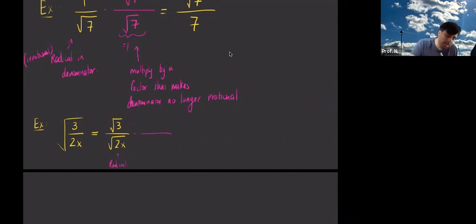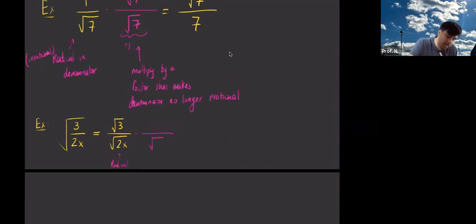So what's the idea here? Multiply by exactly what the denominator is, which is rad 2x. And when I do that, what happens? Rad 2x times rad 2x is going to give me 2x. I already know this. And then what's rad 3 times rad 2x going to equal? Rad 6x.